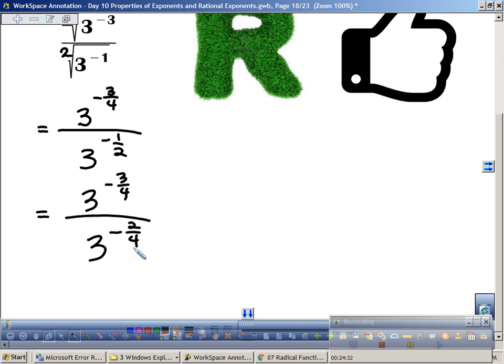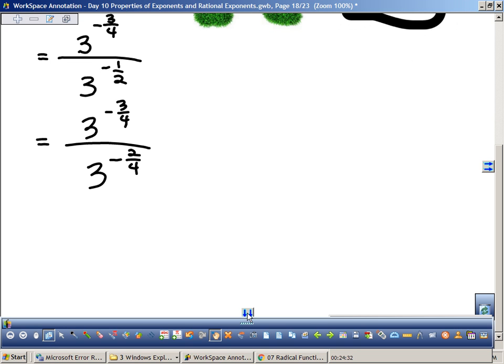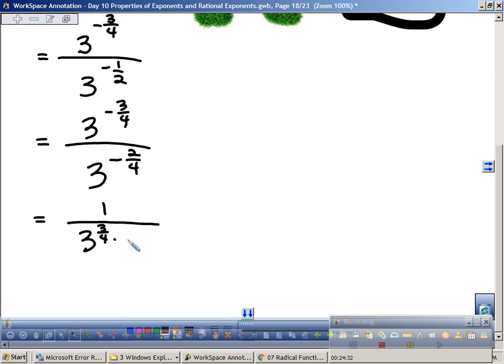I'm going to move this one because then it's going to make this one positive. Does that make sense? So nothing's going to be in the numerator anymore. And 3 is going to be turned into positive 3/4 times 3 to the negative 2/4. Follow me? And then this is going to be 1 over 3 to the 1/4. 3/4 minus 2/4 is 1/4. And then that's all I can do.